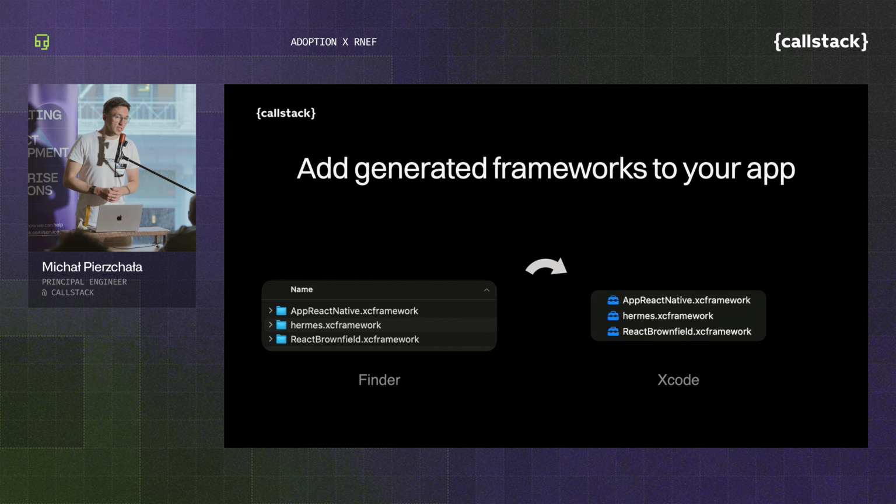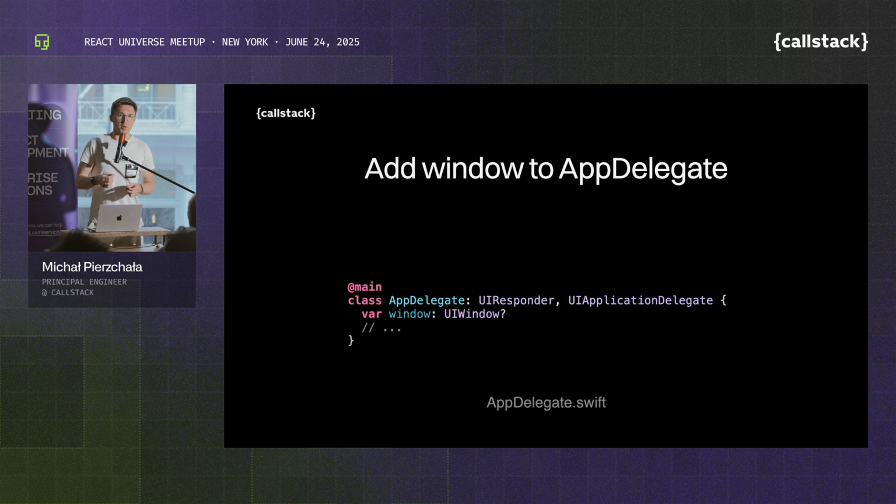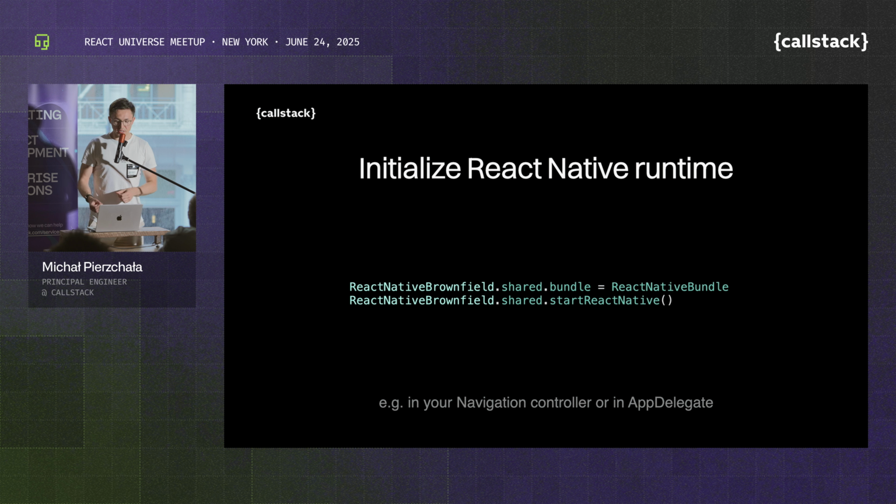And now that it's done, we'll possibly need to do some extra setup that React Native requires, which is, for example, defining the window that it can attach to. We'll need to initialize the React Native runtime, and with the React Native Brownfield library, we can do that in 2 lines of code.